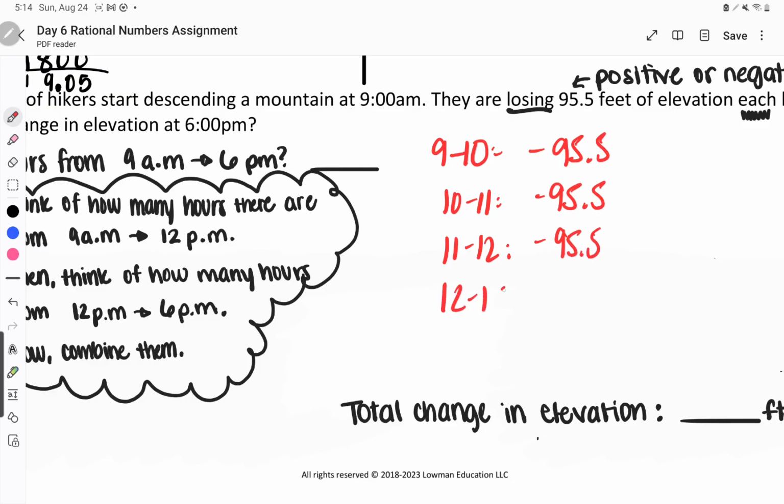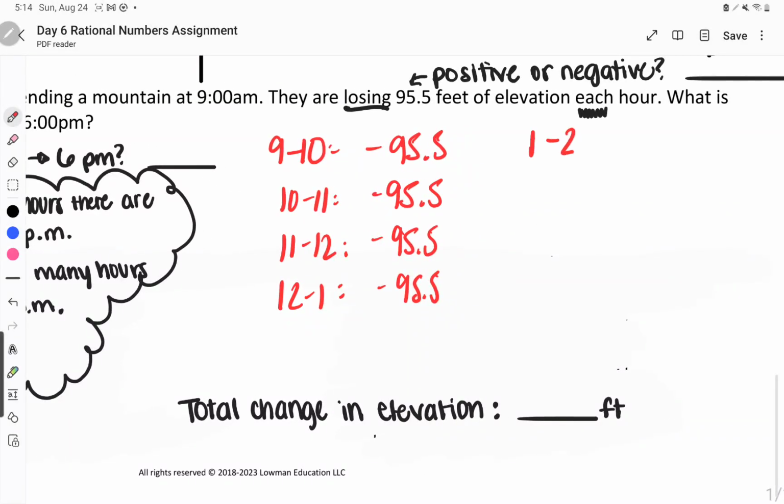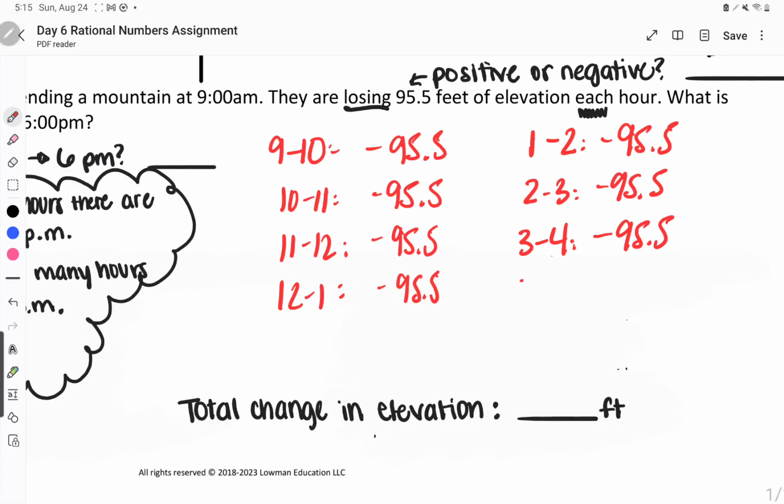From 12 to 1, from 1 to 2, from 2 to 3, from 3 to 4, from 4 to 5, and then from 5 to 6, they lost another 95.5 feet each time. So they just keep on losing 95.5 feet over and over again.